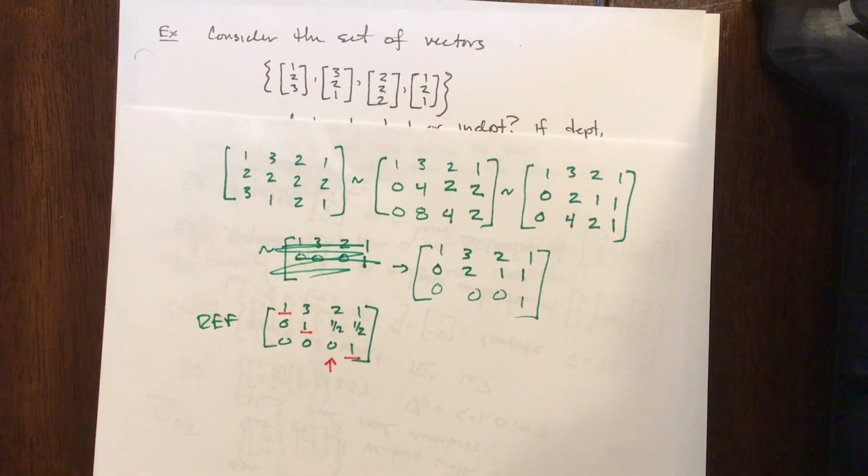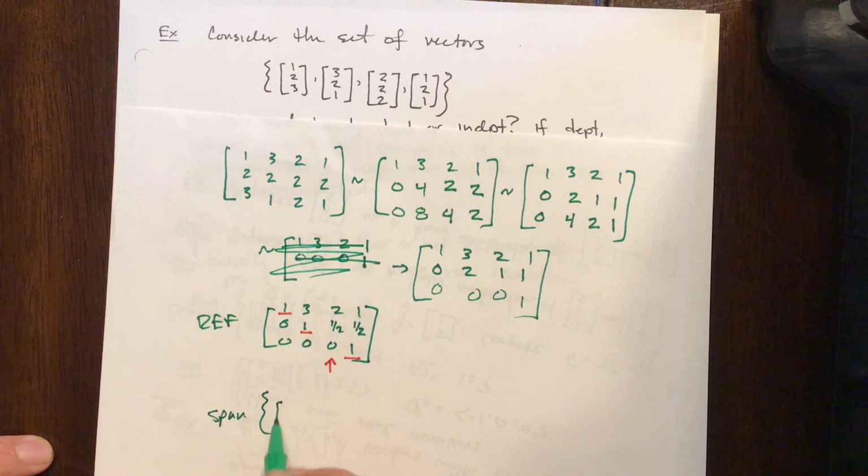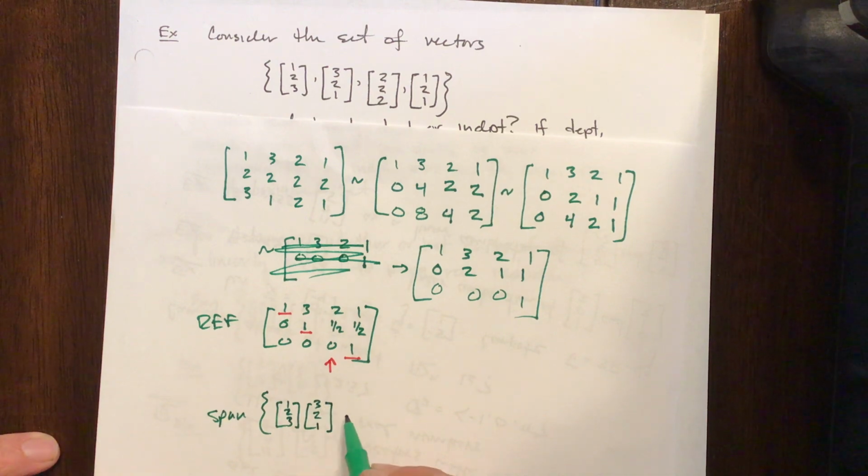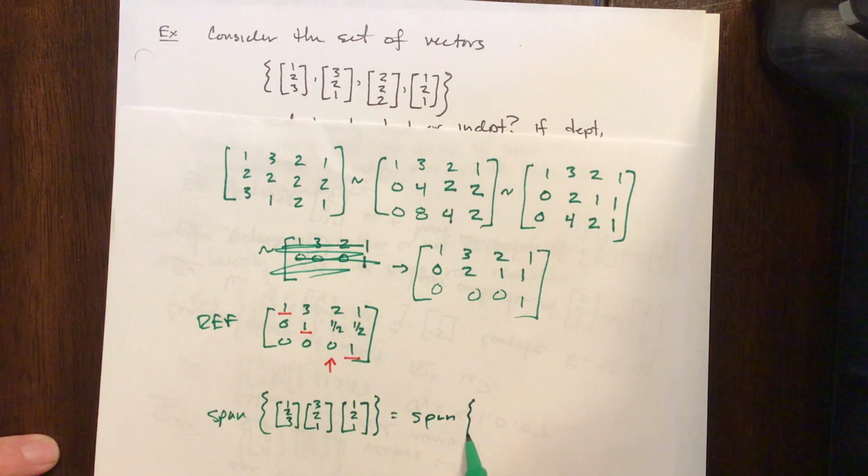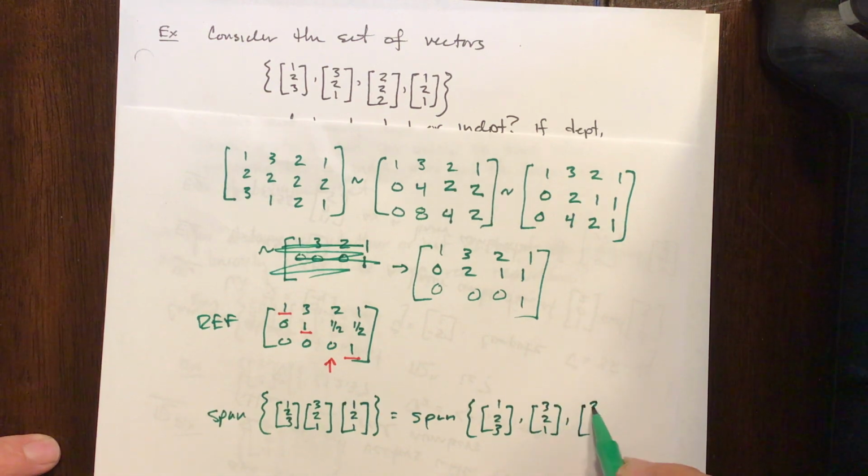In other words, the span of (1, 2, 3), (3, 2, 1), and (1, 2, 1) is equal to the span of the complete list: (1, 2, 3), (3, 2, 1), (2, 2, 2), and (1, 2, 1).